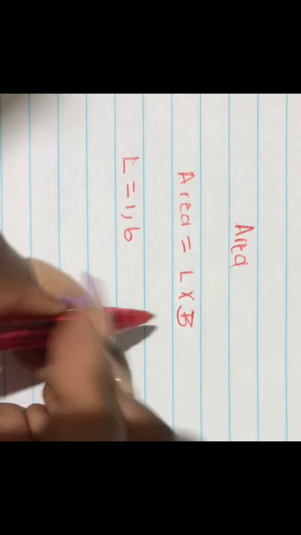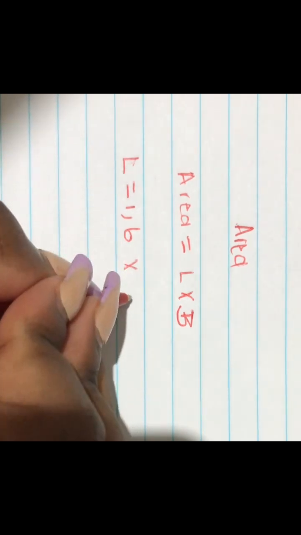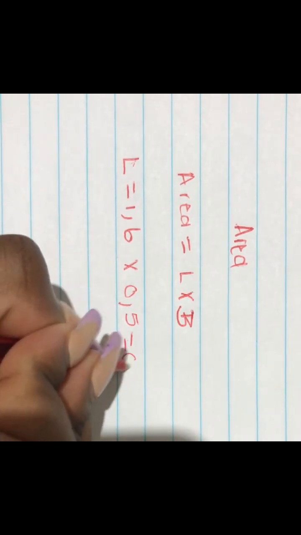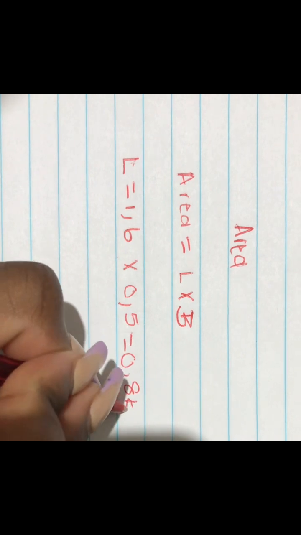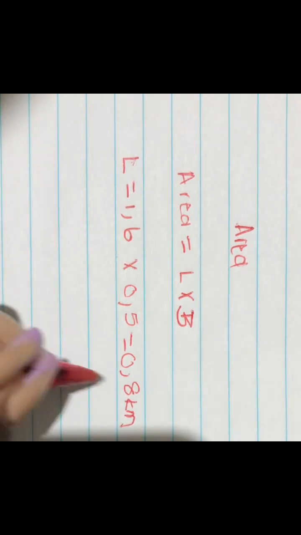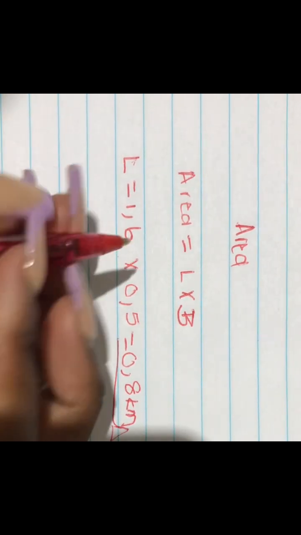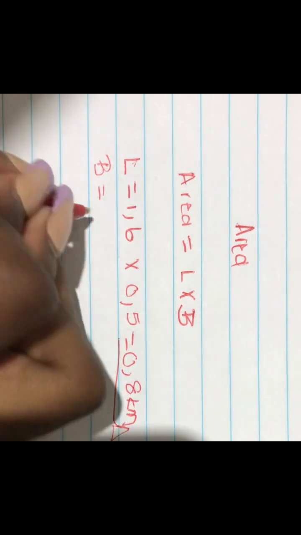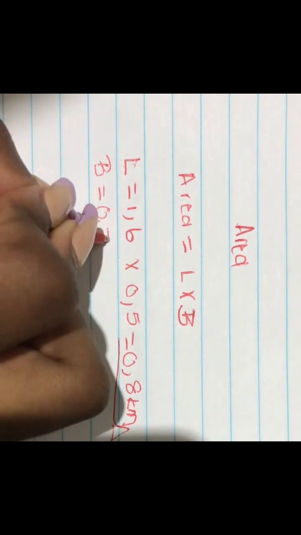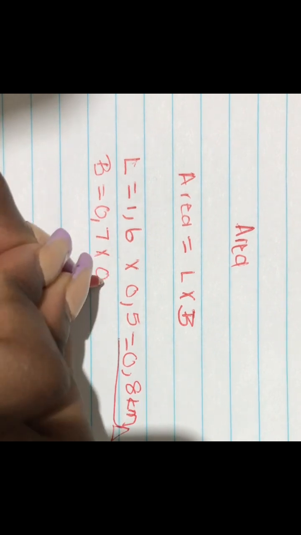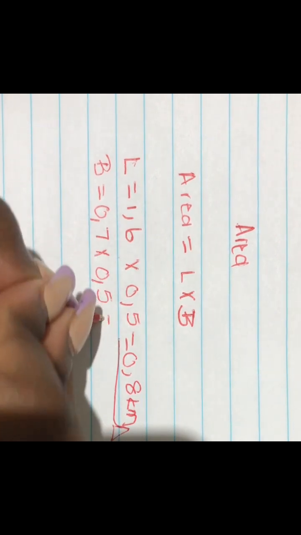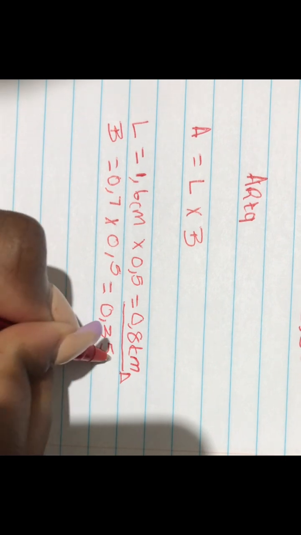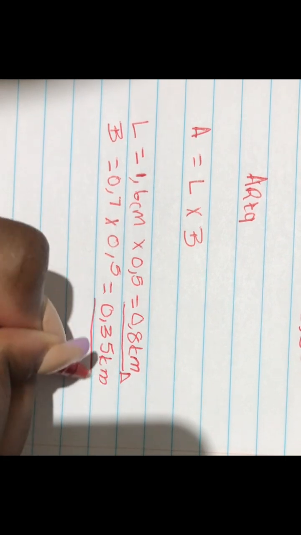Since we want our answers in kilometers, we multiply by 0.5 to get 0.8 kilometers. That is our length. Then we move on to our breadth or width, which we measured to be 0.7 centimeters on our map. We multiply it by 0.5 to transform it into kilometers, which equals 0.35 kilometers.